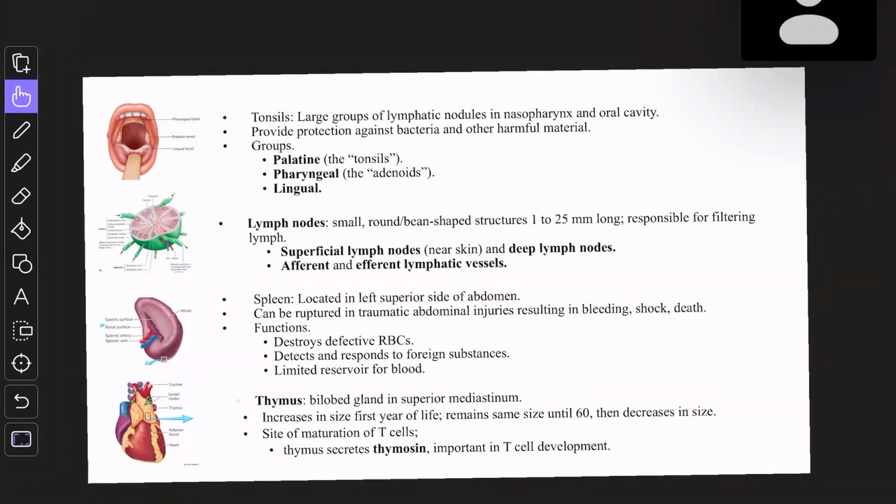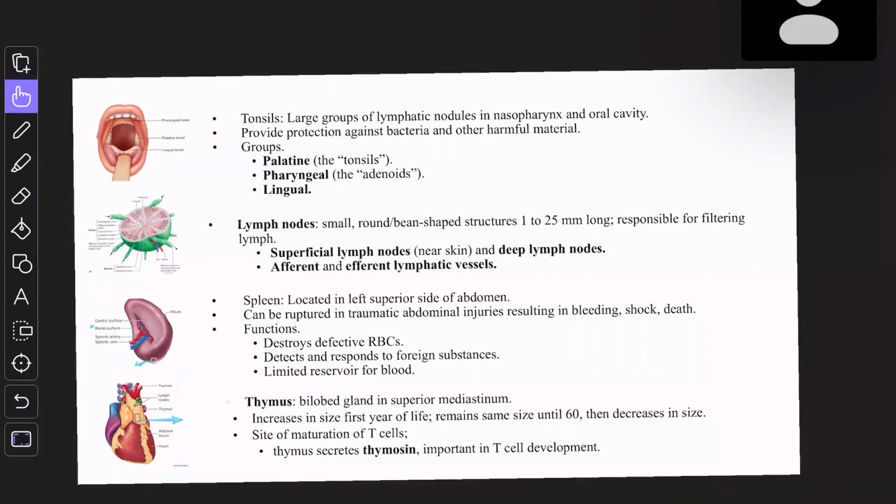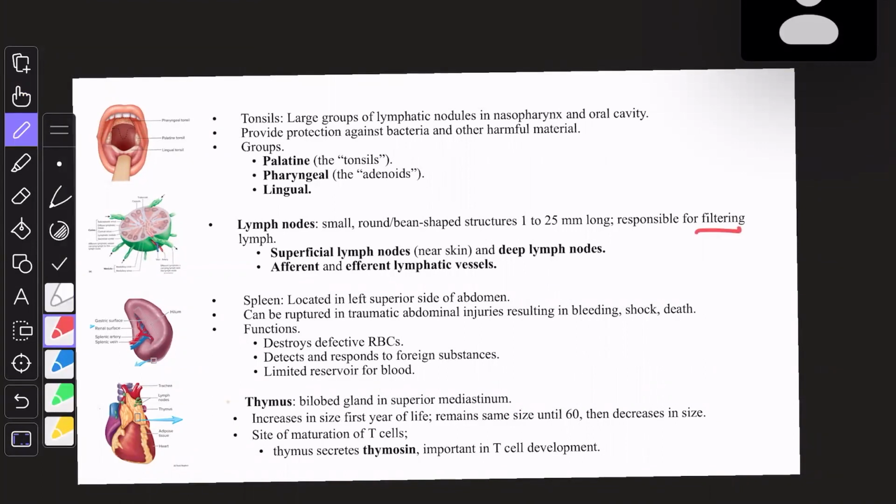You should know what a lymph node is and what it does. That's its job. Okay. There are superficial ones when you go to the doctor and they're feeling around at your throat. That's what they're looking for, superficial lymph nodes, to see if they're swollen in any way. Okay. There are deep ones that are harder to find.